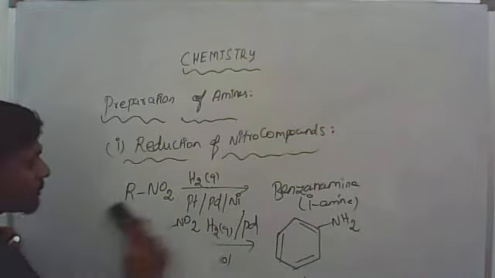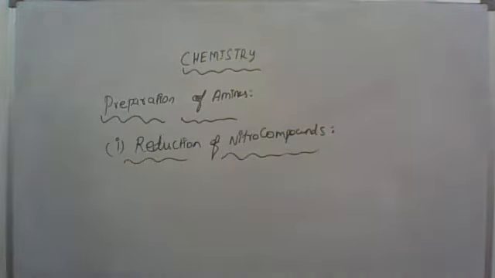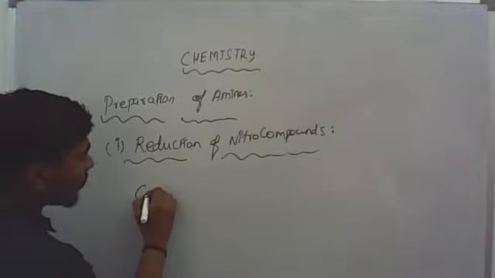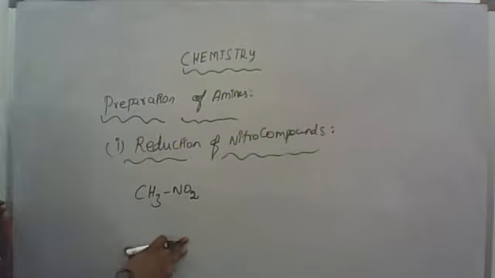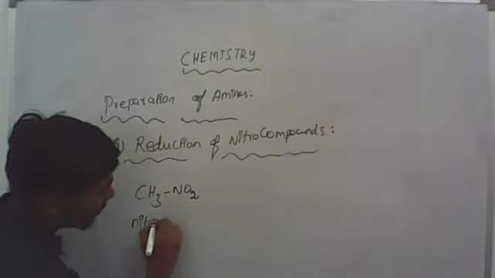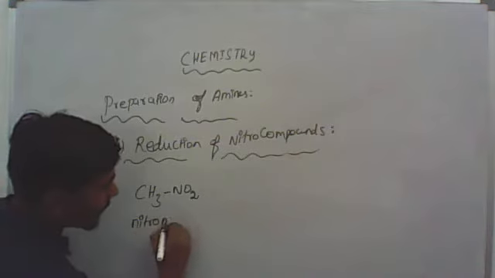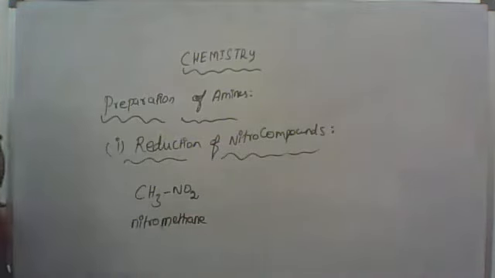See here, I'm going to write the next one. CH3NO2. What is the name? It is called nitromethane. This is the IUPAC name for this compound.